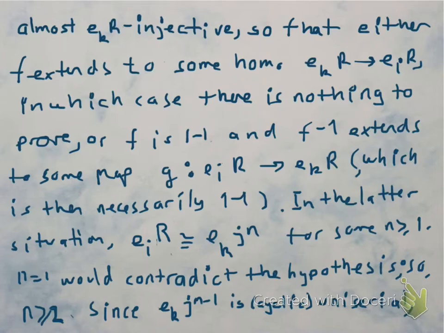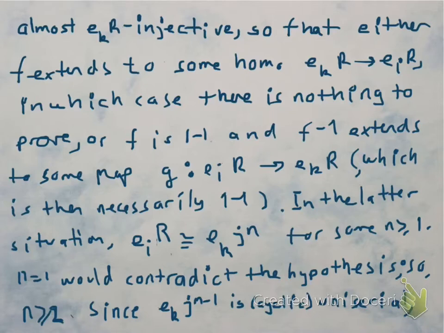So, because of the almost injectivity relative to e_k R, either f extends to a full homomorphism like this, or it is one-to-one and f inverse extends to some map from e_i R to e_k R. This is the case that is equivalent to the latter condition I mentioned prior to this page.